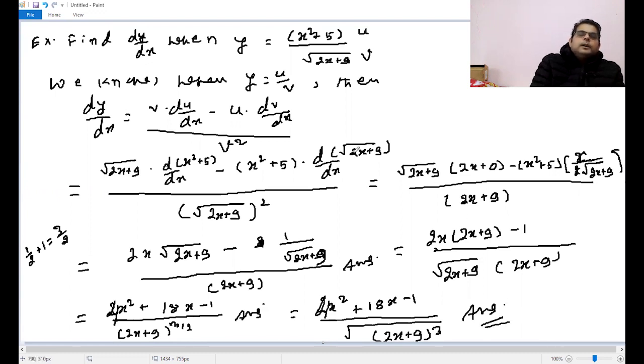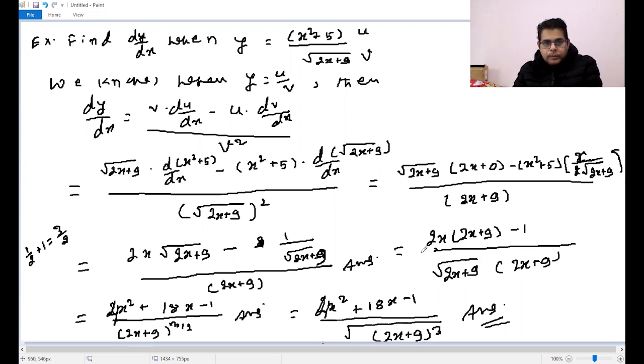So whenever you find the dy dx term and there is nothing asked in your question to show the result like this, in that case you can decide yourself where you want to stop the answer. But a good suggestion is that you always try to express your answer in simplified form. So in this way we can prove both the quotient rule as well as the product rule.